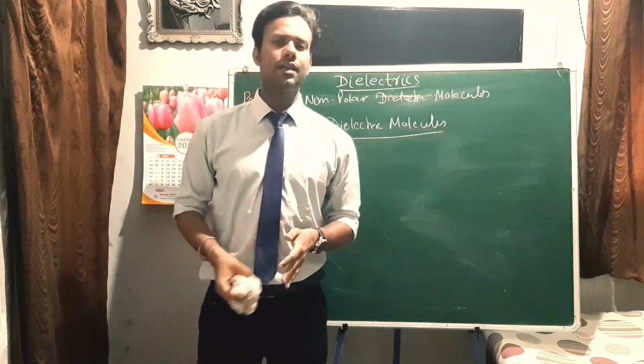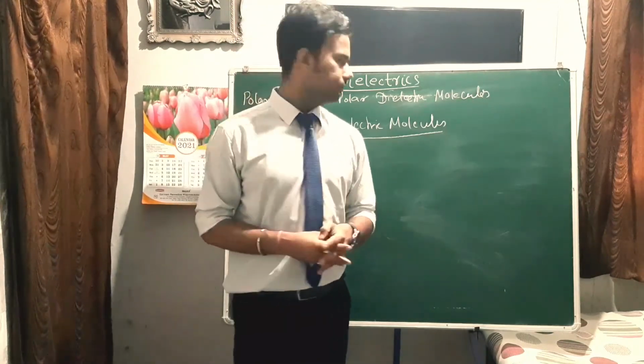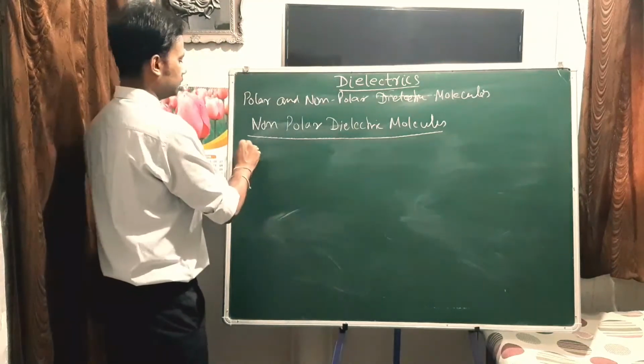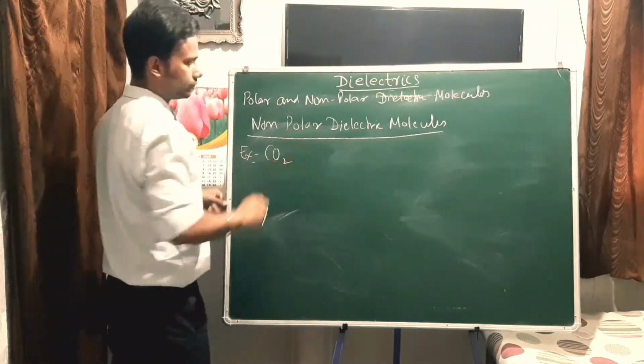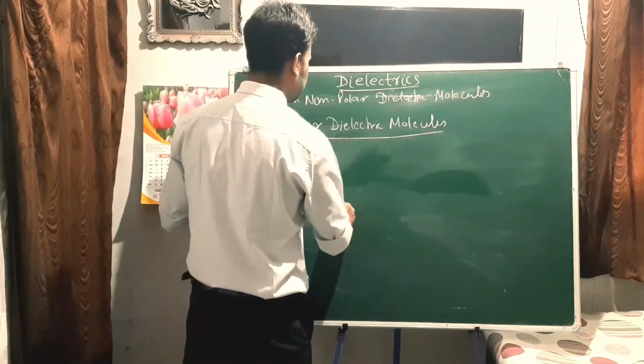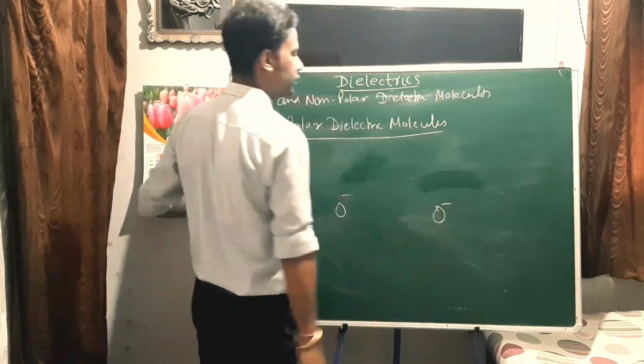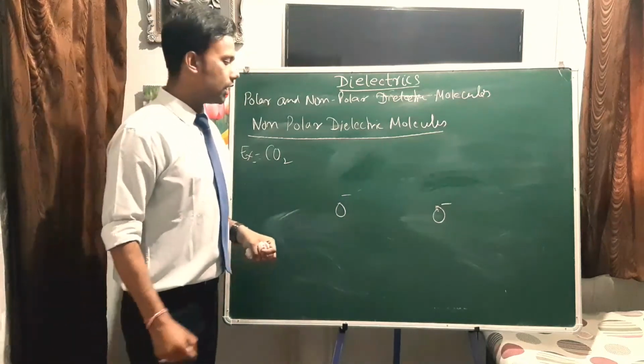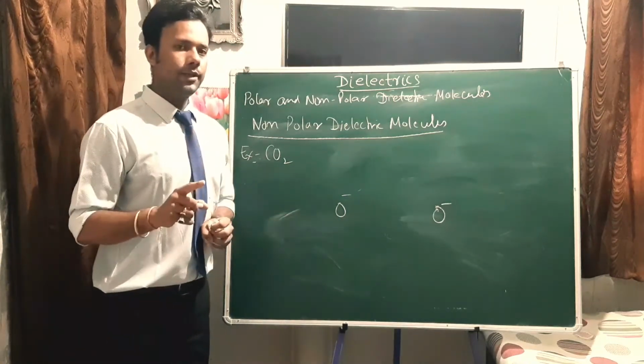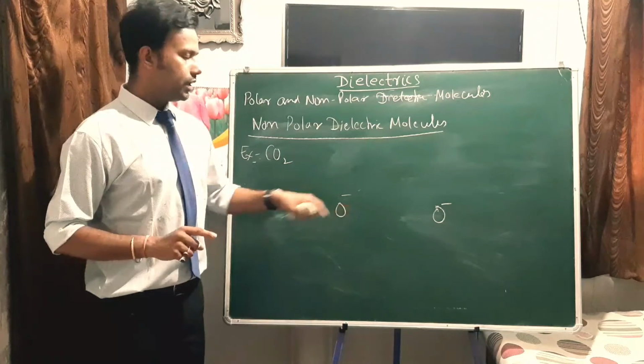For example, take the example of CO2. In CO2, two negative oxygen atoms are separated by a distance. Where will be the center of gravity of these?